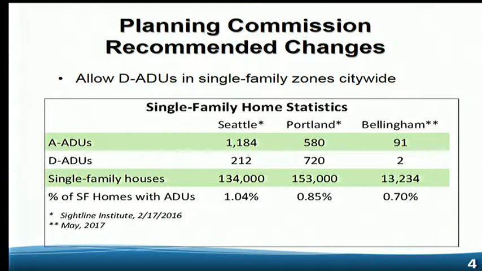In Portland, another city, again, that has very progressive regulations, they don't require owner occupancy of accessory dwelling units, and just over 0.8% of all households in Portland, Oregon, have accessory dwelling units. Currently, Bellingham has 0.7% of all our households having an accessory dwelling unit.